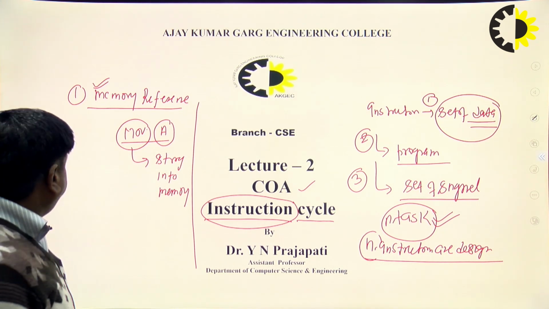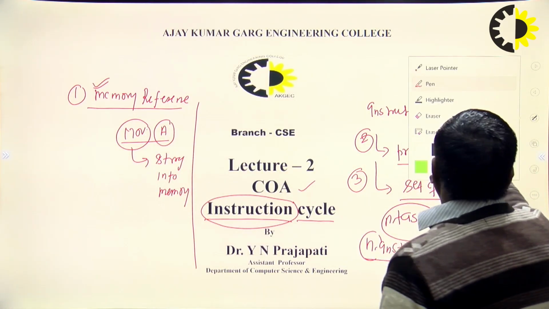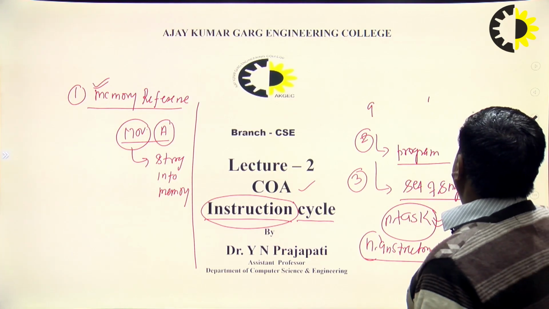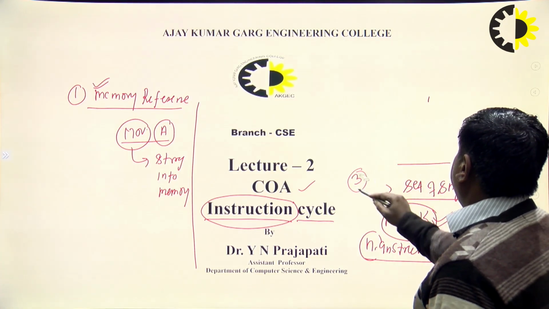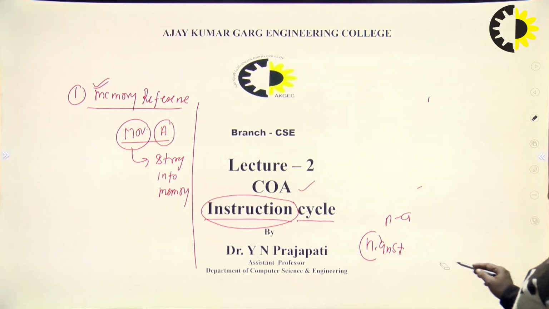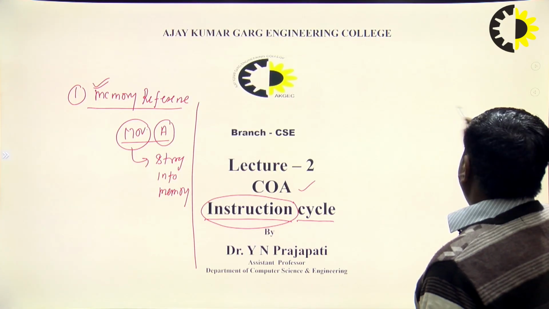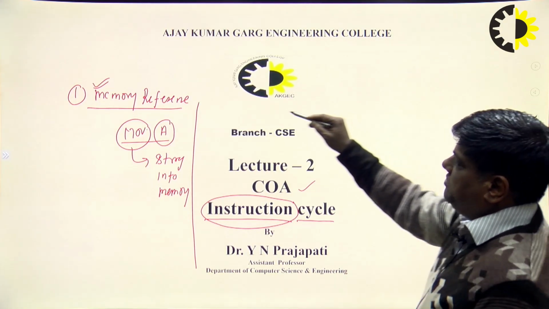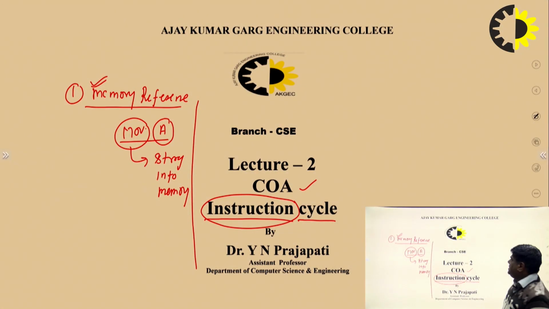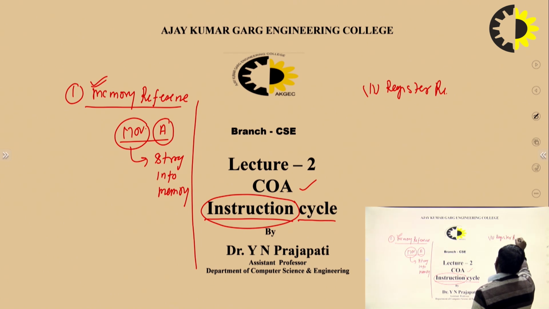Now, the second type of instruction is known as register reference. All the instructions are executed in a CPU in three different techniques. The first one is memory reference, the second one is register reference.